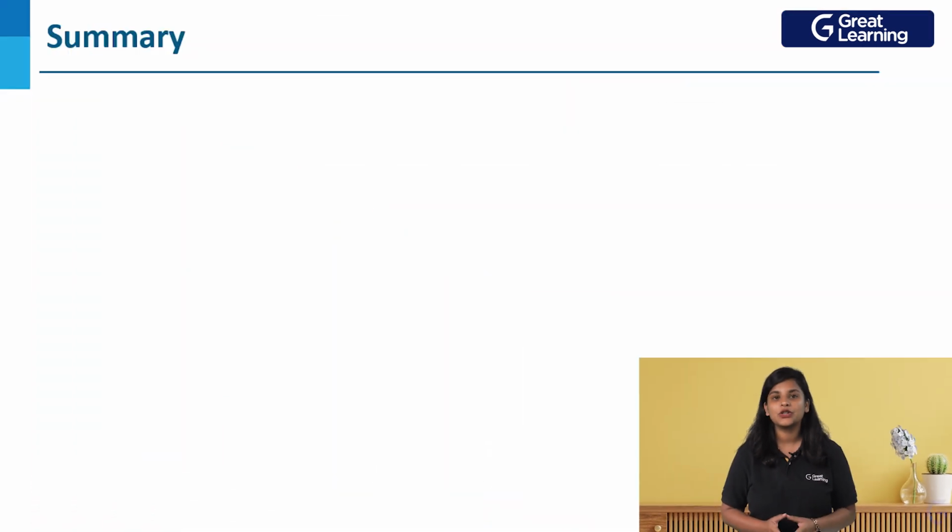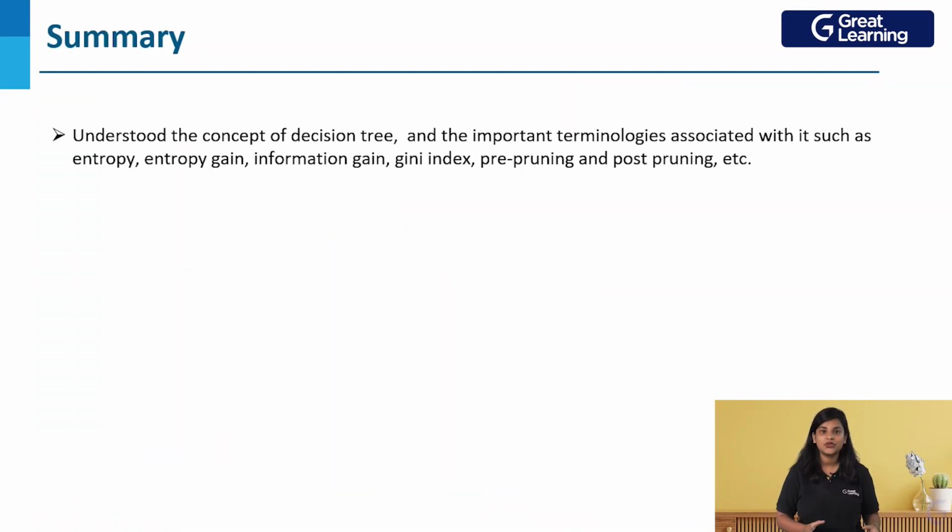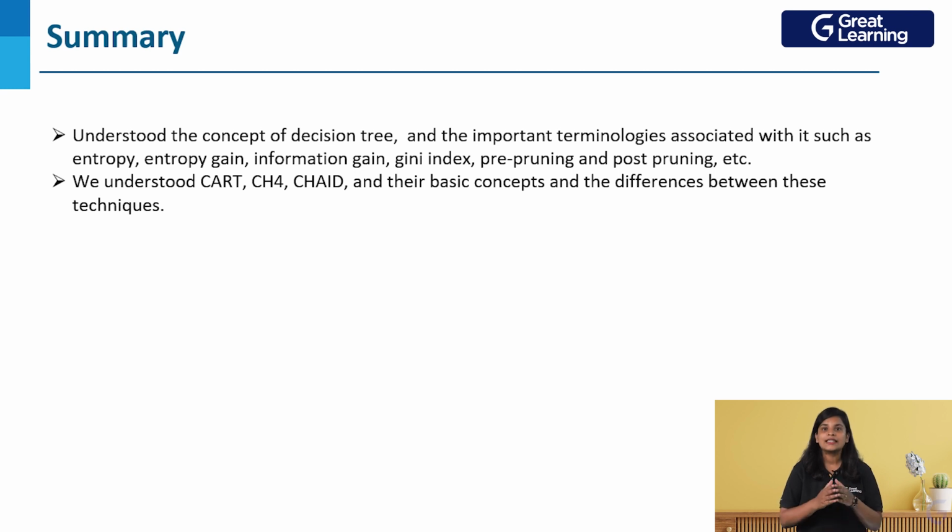Now let us very quickly summarize today's video. In today's video, we understood the concept of decision tree and the important terminologies associated with it, such as entropy, information gain, Gini index, pre-pruning and post-pruning, etc. We also understood CART, C4.5, CHAID, their basic concept, and the difference between these techniques.